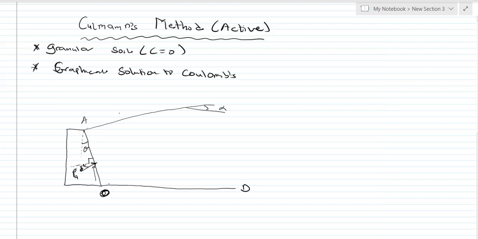Let's say at a certain angle, the trial wedge I'm going to draw over here should make an angle of phi with this horizontal line. Then again, I'll draw another line OC that will make an angle of psi this way.